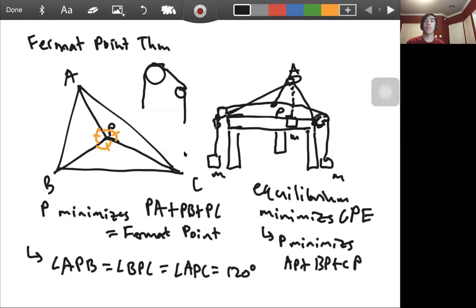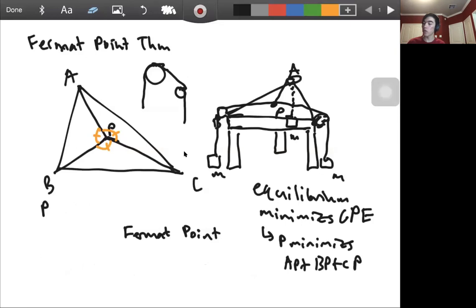The more rope you have below the table, the farther down the masses can be. So P has a really strong incentive to minimize the amount of rope above the table, which is just a Fermat point. Okay, so now we know that the equilibrium for this situation is the Fermat point.